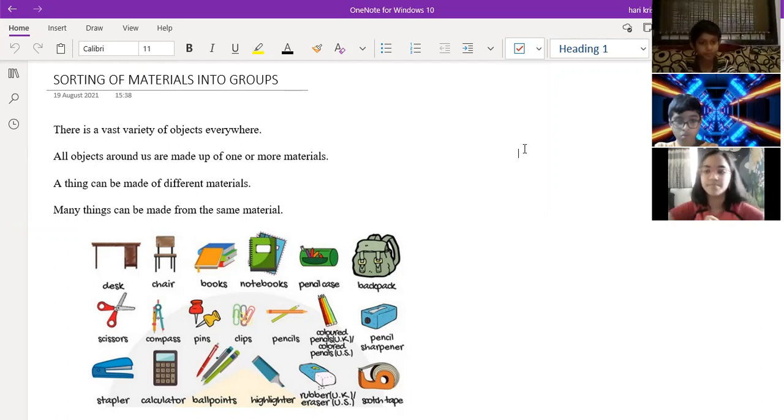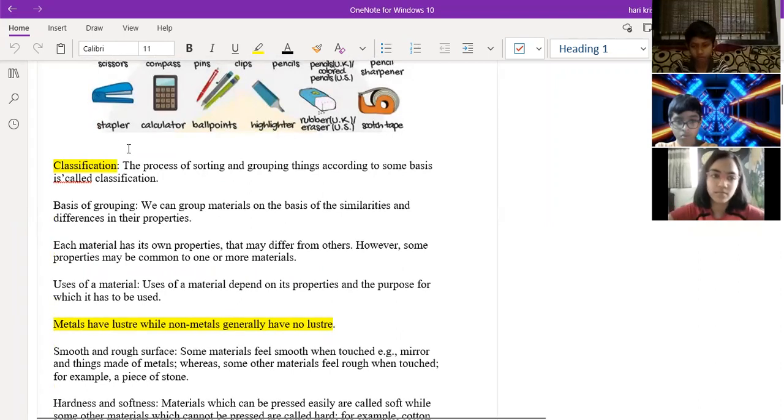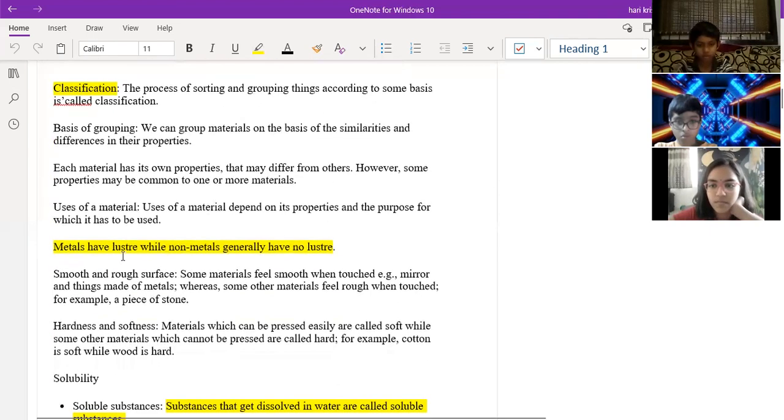So there are different properties to sort the materials based upon their physical properties or chemical properties. So classification means what? The process of sorting and grouping things according to some basis. Whatever basis we want, according to that we sort the substances and classify them into groups. That is called classification.